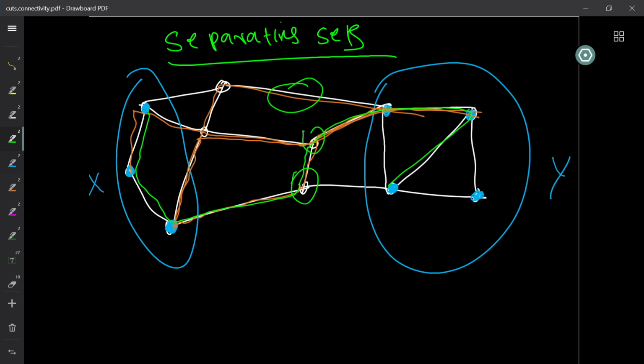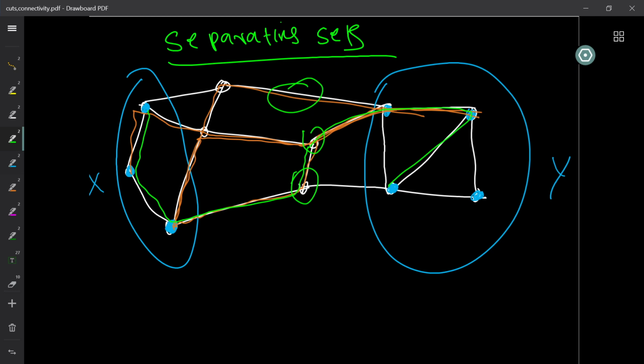But at least one of these must be used. So without using one of these vertices, you can never go from a vertex of x to a vertex of y. Once you see that, you can recognize that if you remove these two vertices and this edge, then essentially there is no path going from x to y. Every path uses one of these, so if you remove them, there is no path from x to y.